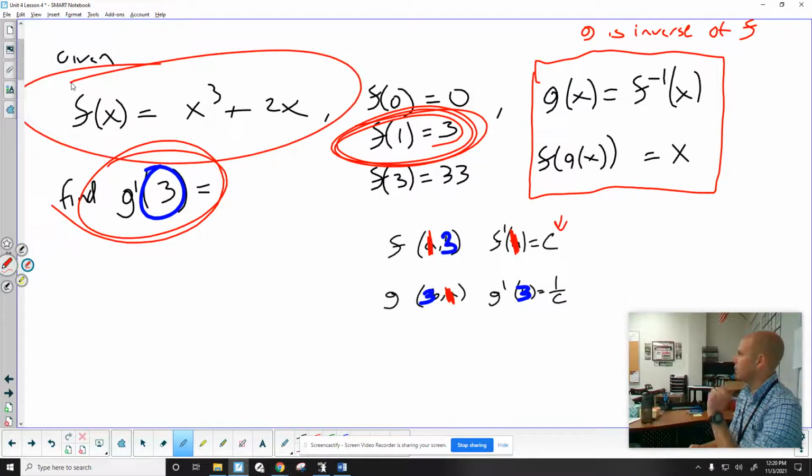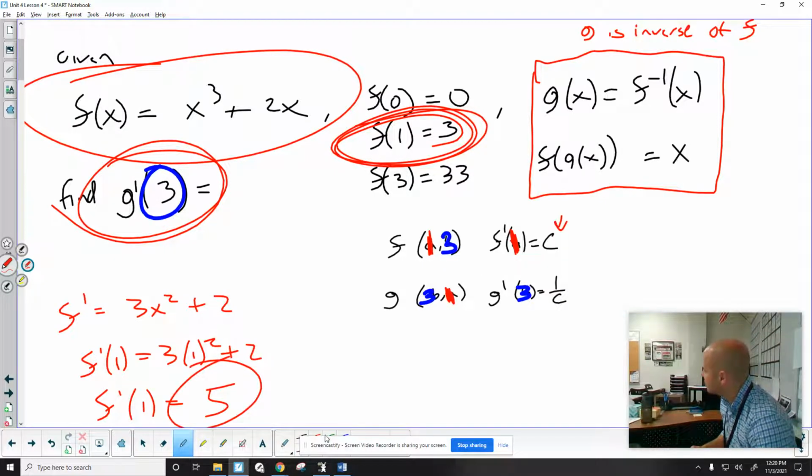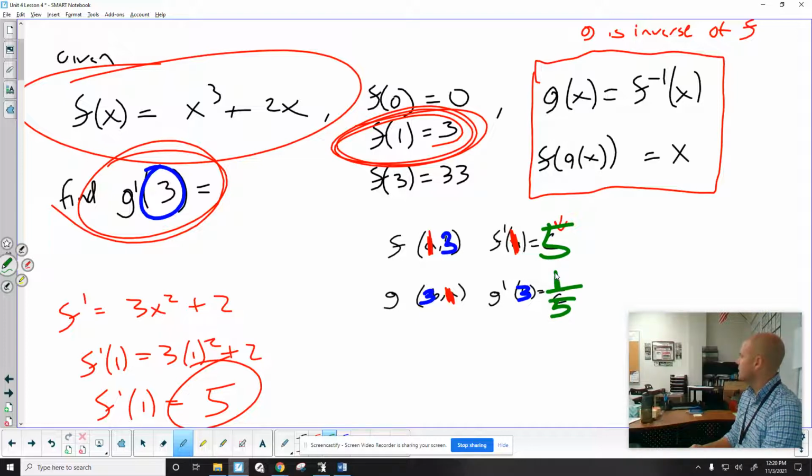You have to do a little bit of work to find f prime at 1. But that's not hard. You've taken derivatives before. This is the slope. This is c, which means g prime of 3, and the answer to our question is 1/5.